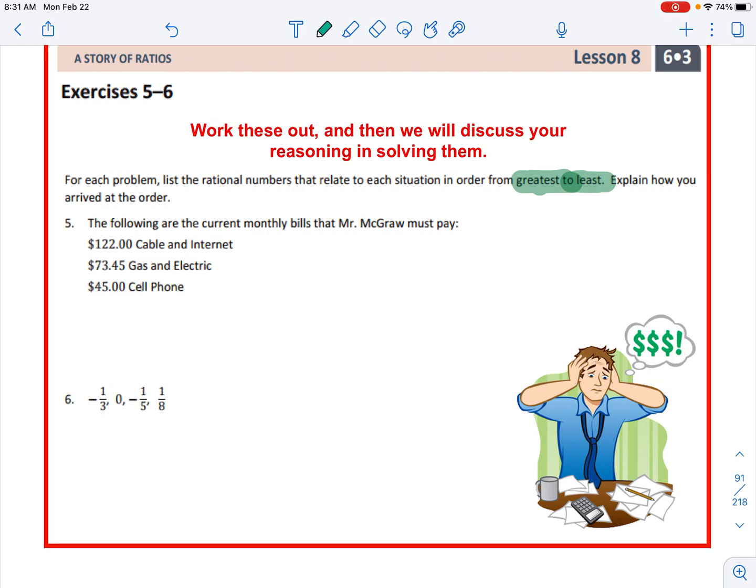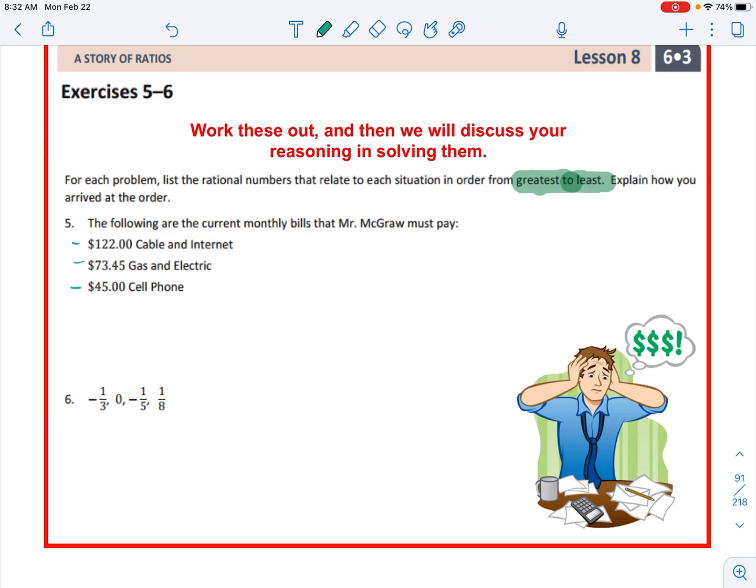The first one says the following are the current monthly bills that Mr. McGraw must pay. Okay, he has $122 for cable and internet, $73.45 for gas and electric, and $45 for his cell phone. So we need to put these in order from least to greatest. These are all bills, so they are all going to be negative.